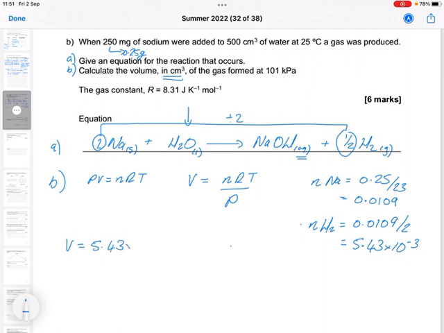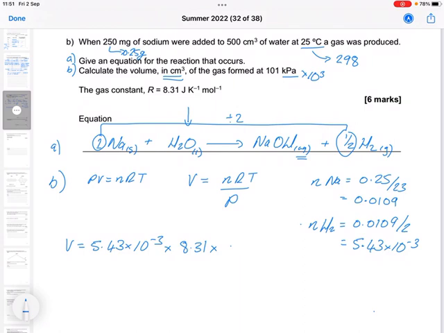5.43 times 10 to the minus 3 times R, given in the question, times the temperature. The temperature here is in degrees C, so I need to add 273 to that, which is going to give me 298, and then the pressure is in kilopascals. So that needs to be in pascals, that's going to be times 10 to the 3.